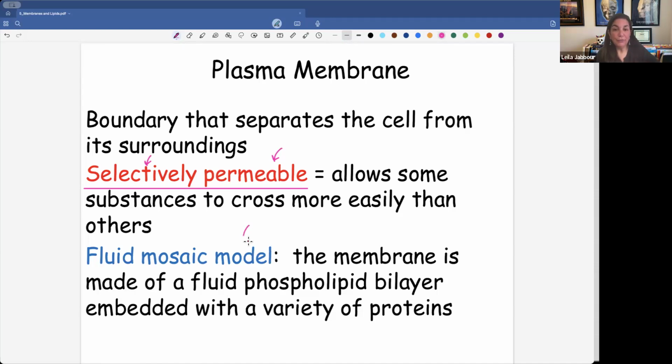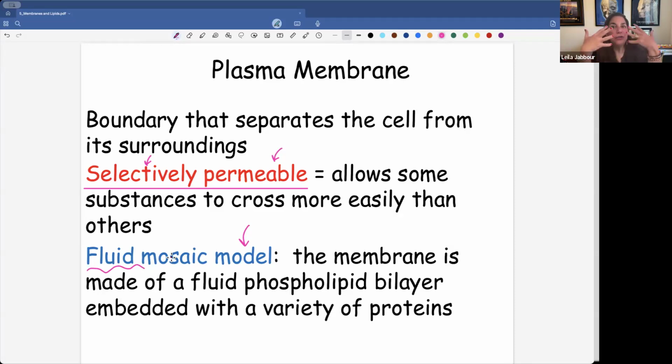We also call it a fluid mosaic model. It's fluid, meaning once all of the components that make the membrane are together, they're not stuck there. They're actually moving within the membrane. For example, proteins in the membrane can flip-flop in the membrane.